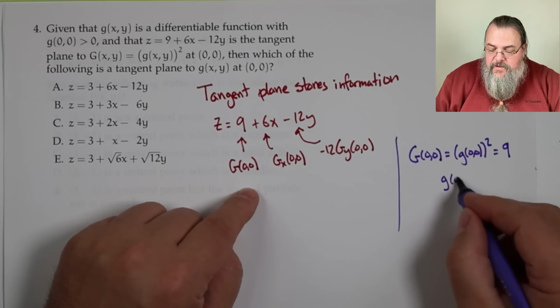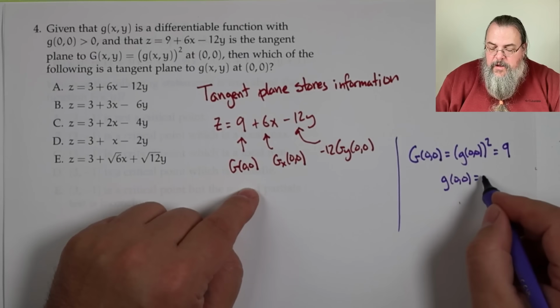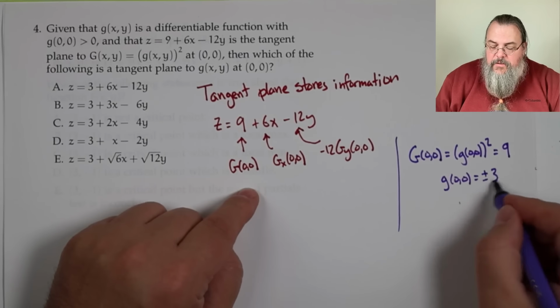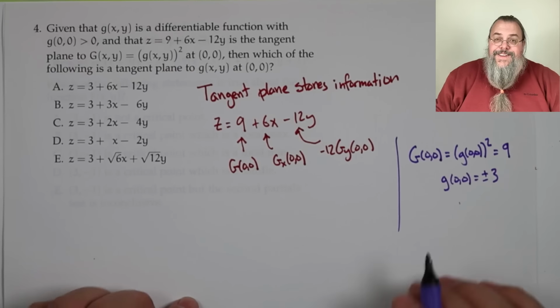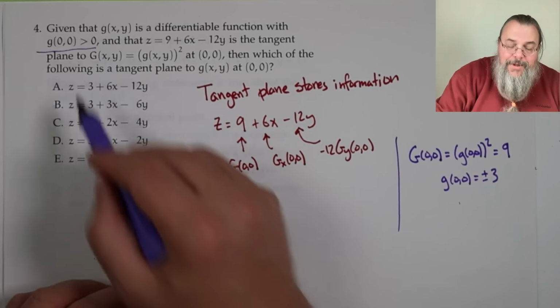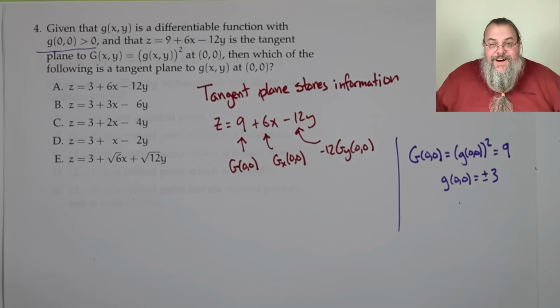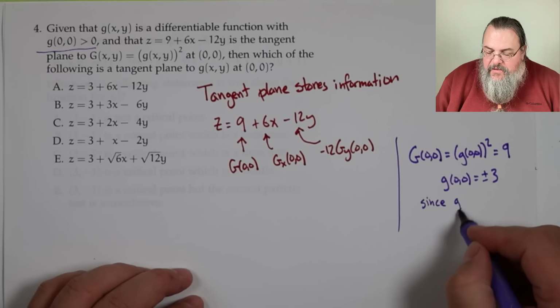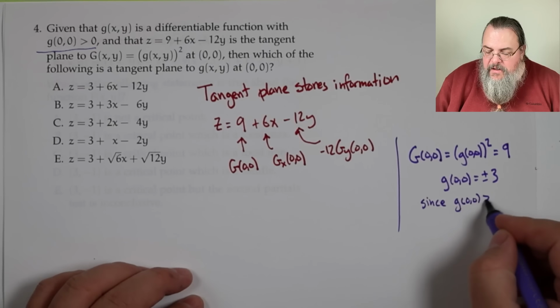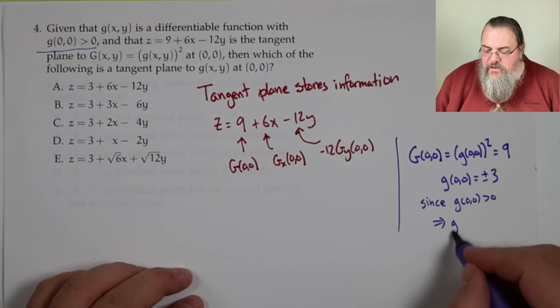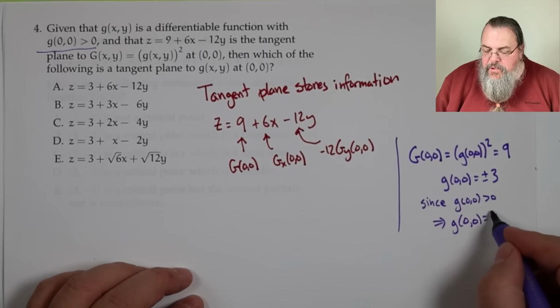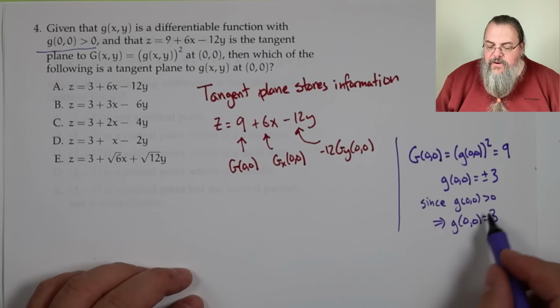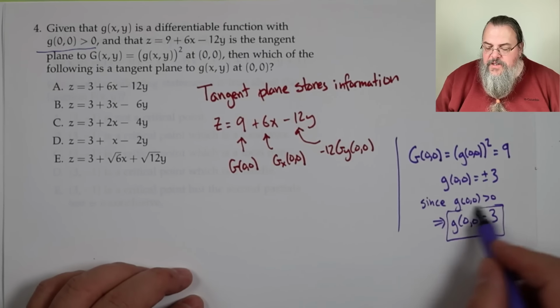So g of 0, 0 is plus or minus 3, because we can take the square root of both sides. But we were told something: g of 0, 0 is positive. And so since g of 0, 0 is positive, that really says g of 0, 0 is plus 3. All right, so we have some information.